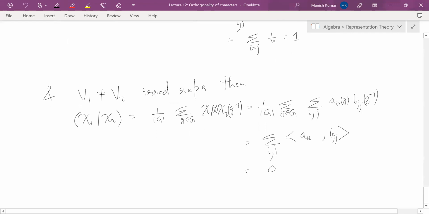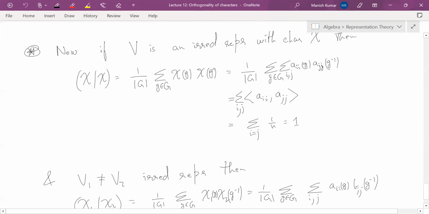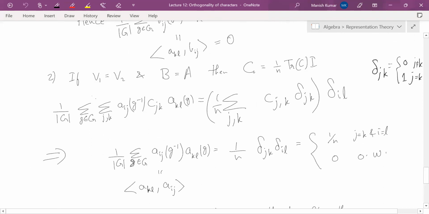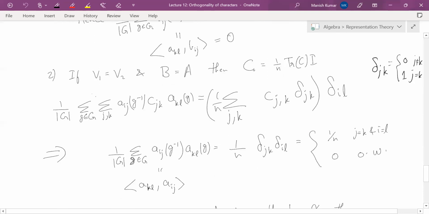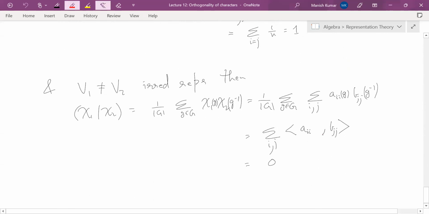So this formula becomes the sum over i, j of aii, bjj. And if V1 and V2 are irreducible, then this pairing was always 0, no matter what these indices k, l, i, j were. This pairing is always 0. So each of these terms is 0, so the sum is 0. Okay, so that again proves the orthogonality relations.